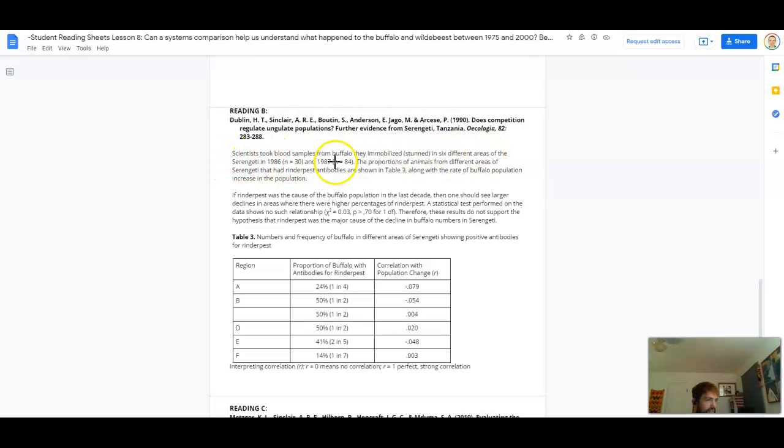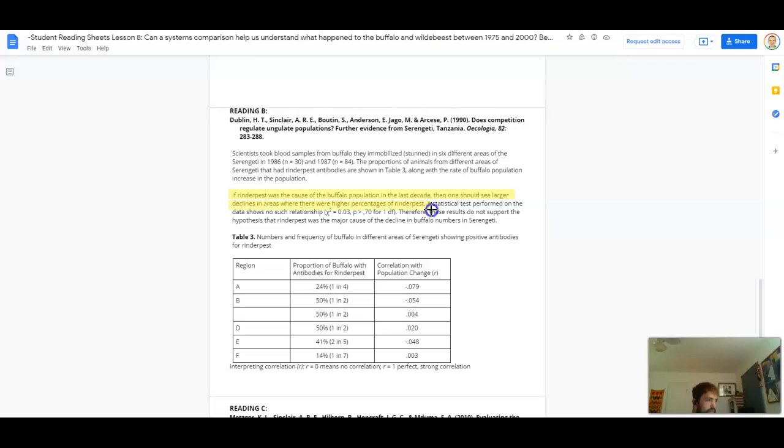The proportions of animals from different areas of Serengeti that had rinderpest antibodies are shown in Table 3, along with the rate of buffalo population increase in the population. If rinderpest was the cause of the buffalo decline in the last decade, then one should see larger declines in areas where there were higher populations of rinderpest. So that's really important.